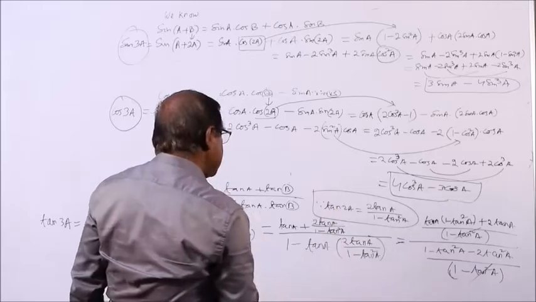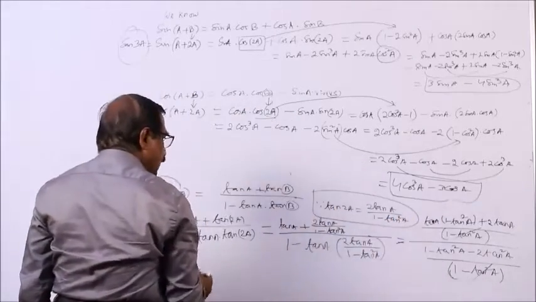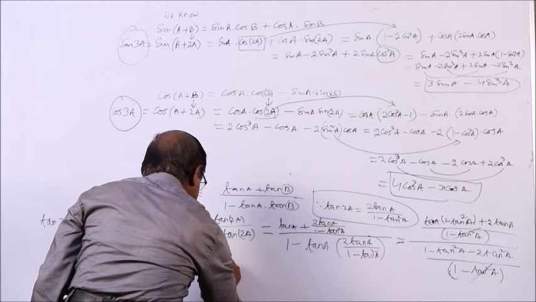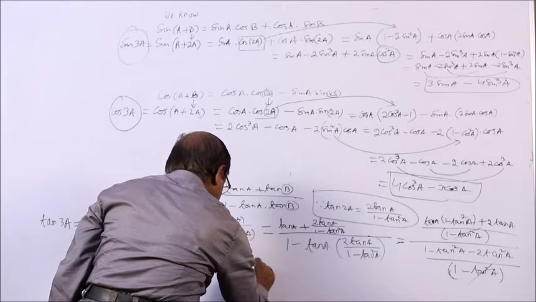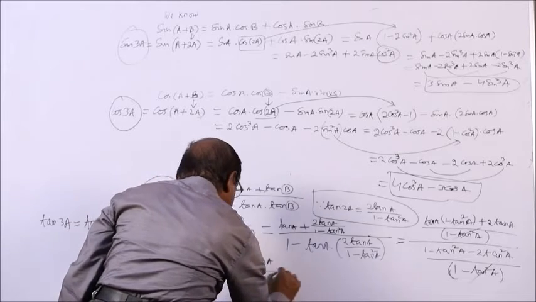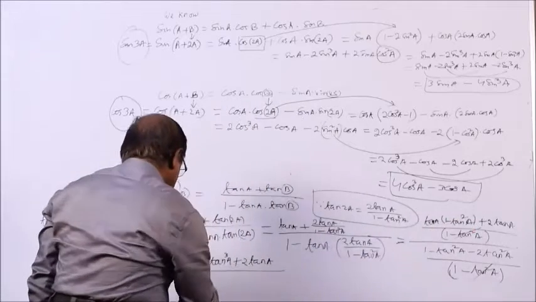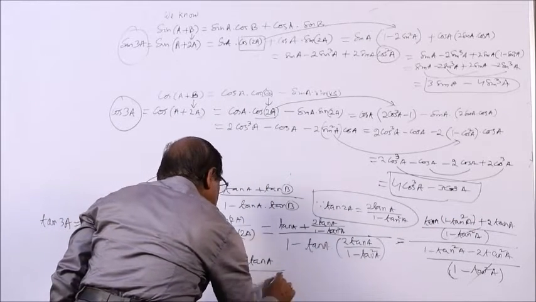So, what remains? You see, tan A minus tan cube A plus 2 tan A whole divided by 1 minus tan square A minus 2 tan square A, which is 1 minus 3 tan square A. What is this?